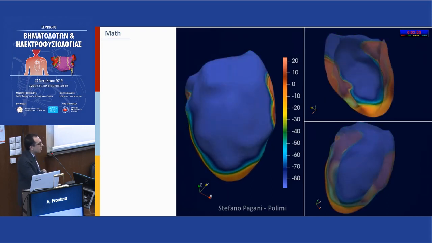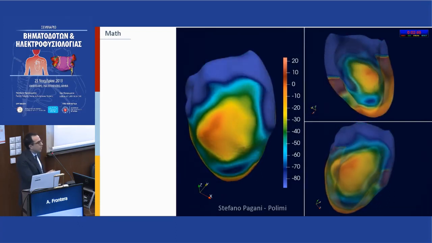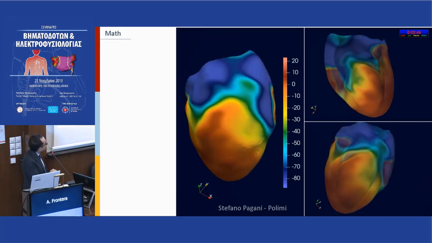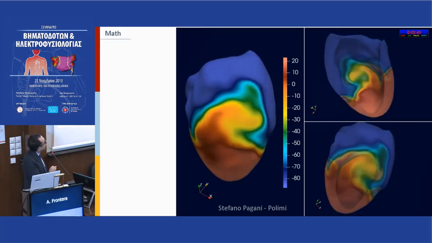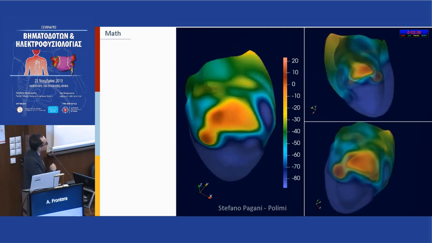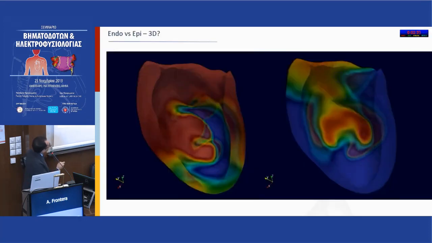I think this is very important, it is the future of substrate mapping. And this is the research I'm performing at the San Raffaele Hospital. We are running mathematical simulation of the propagation of the heart. I'm quite convinced it's very important to tell which is the fast substrate, the endocardial or the epicardial. You see here, this is a screenshot.